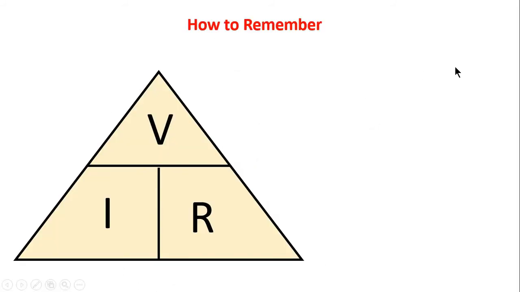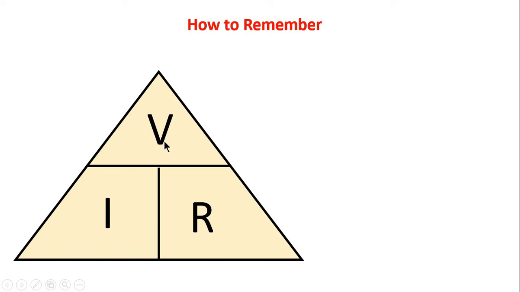Next we are going to see a very famous triangle. This will help us remember the relationship. It has three parts: voltage denoted by V, current denoted by I, and the resistance of the circuit denoted by R. How this helps us understand the relationship is, let's suppose we want to calculate the voltage.